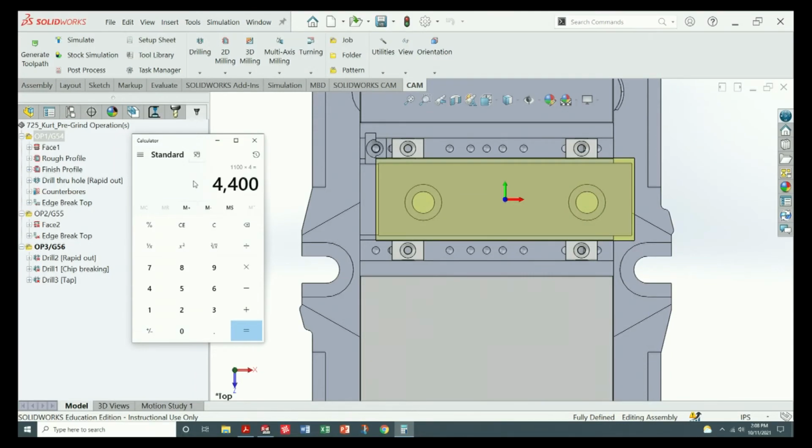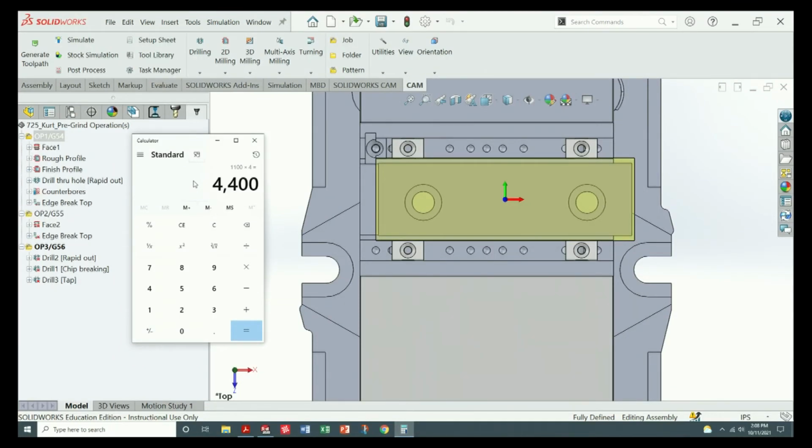This is the only variable that you need to concern yourself with, and that is chip load. What is chip load? Chip load is how much of a bite or how much of a chip you want every cutting edge to take. If you took your chip and measured it with your micrometer and it measured 10 thou thick, then that would be a 10 thou chip load.